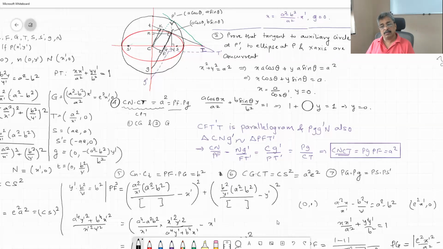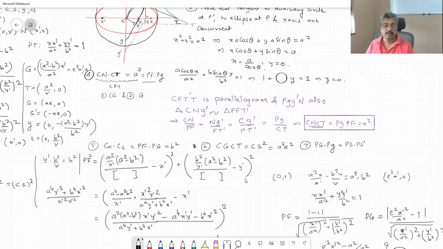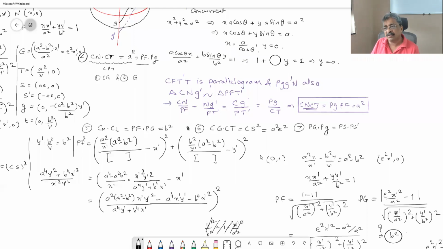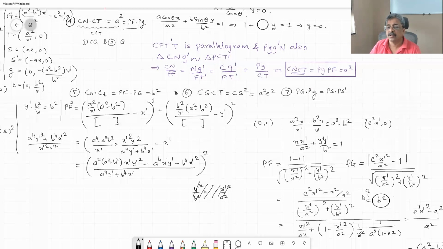See, the negative sign we can always ignore. We should have taken this absolute value, which we have, I think, taken, but e square x dash square upon a square, if we would have taken it as 1 minus that, then we would have got a positive sign.